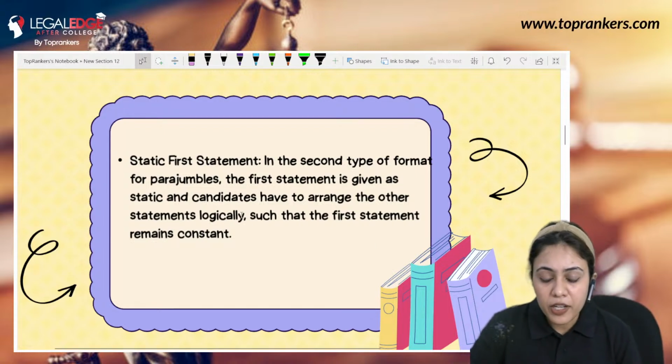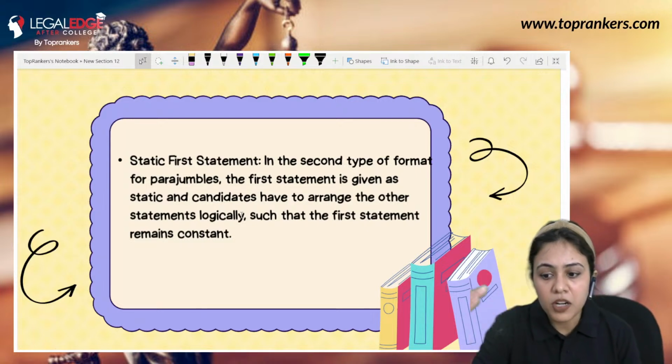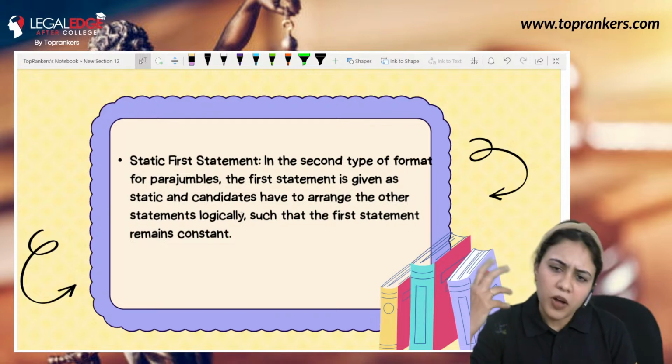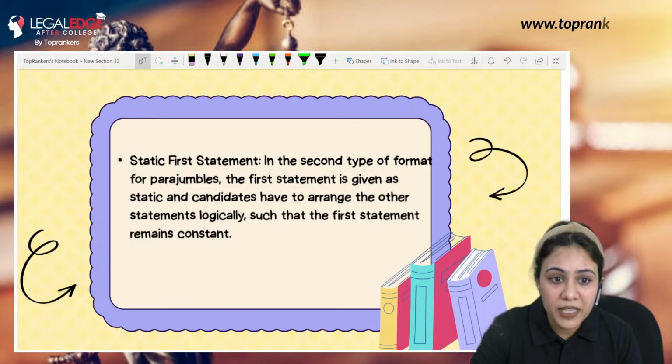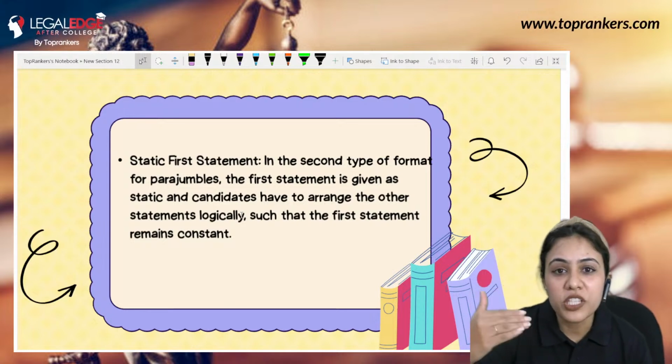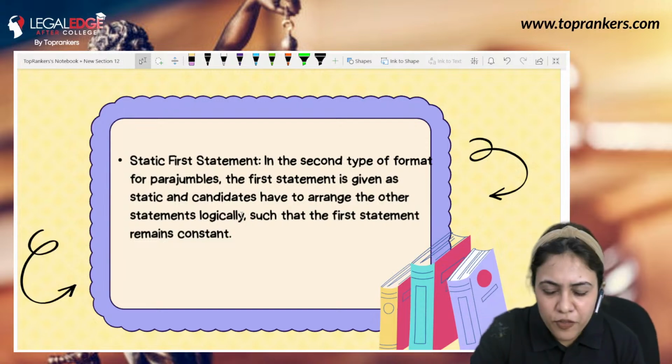Now this is where you have to arrange the rest of the sentences in a proper logical order. Again, you have the contextual clue because the first statement is fixed, तो तुम्हें पता होना चाहिए कि second statement उसी को continue करने वाला statement होगा, right? तो ये वाला थोड़ा सा easy format है.